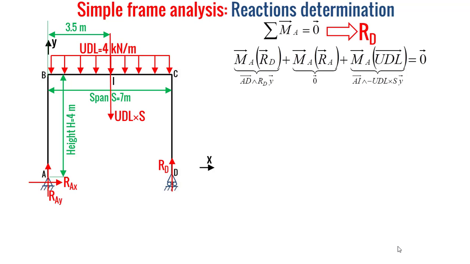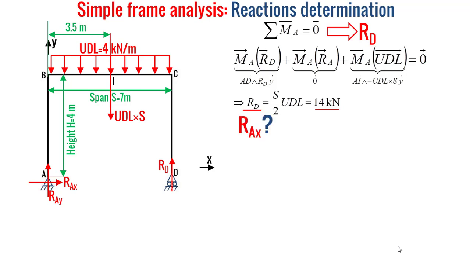So when we apply the static equilibrium equations along y, we will obtain finally a reaction RD equal to the half span multiplied by the UDL, which will give finally 14 kilonewtons.